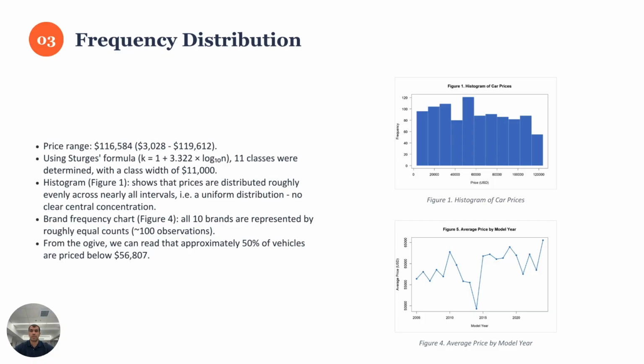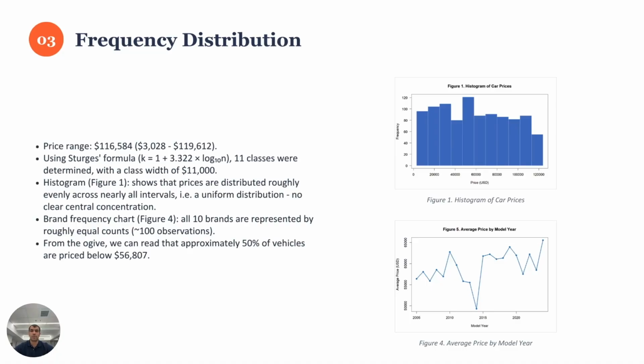Now let's look at the frequency distribution. Using Sturges' formula, we found 11 classes with a width of $11,000 each. As you can see in figure 1, prices are spread almost evenly across the whole range with no clear peak, a uniform distribution.